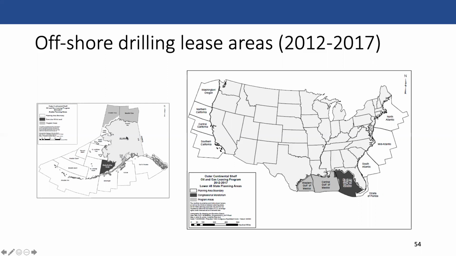In Alaska, in the northern portion, the northern border to the ocean, you're allowed to drill. And then there are planning area boundaries, again, that are potential areas for drilling, but currently aren't allowed. And then you have a moratorium here where you're also not allowed to.